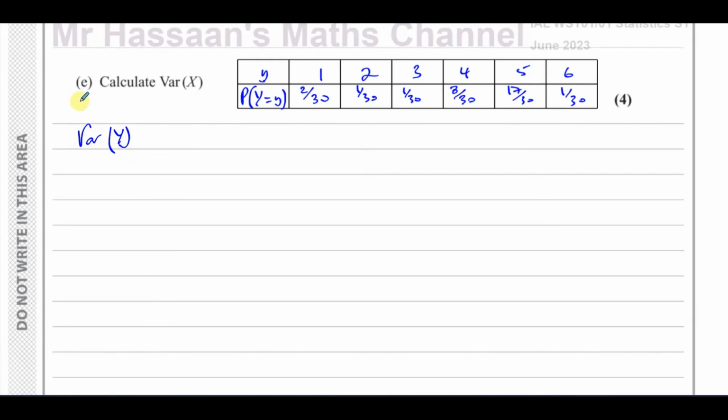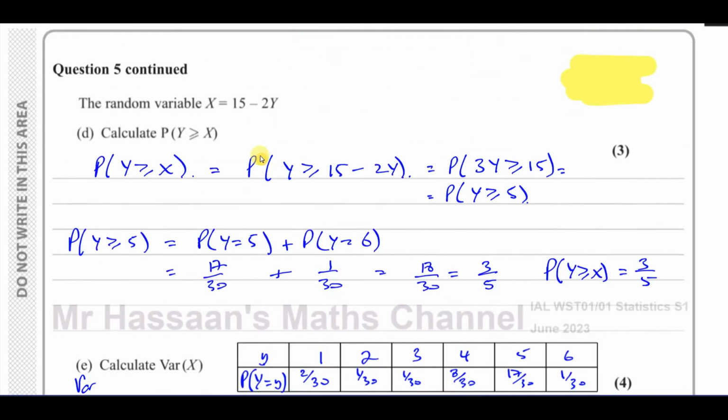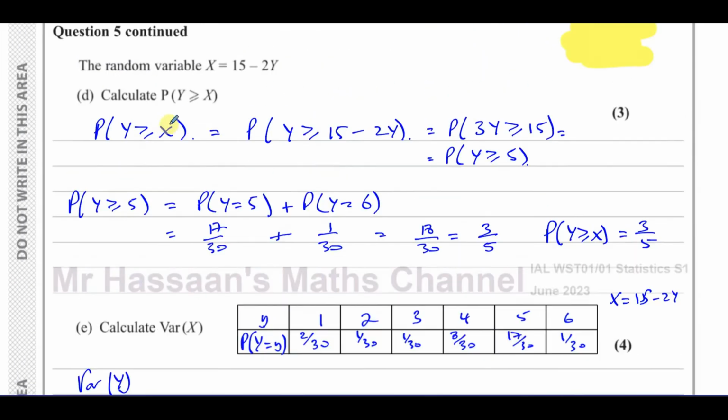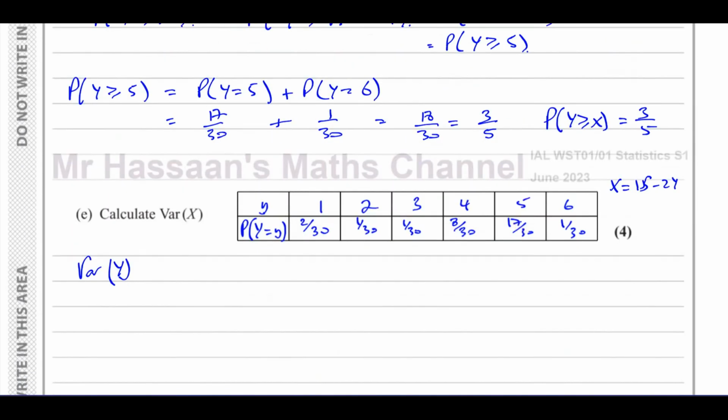We know that x is equal to 15 minus 2y. We know that from the previous part of the question. I'll just write it over here. So we can link them together and then deal with the variance part.